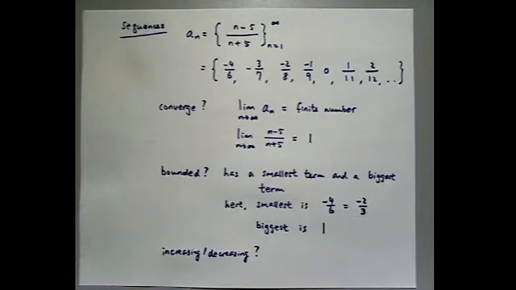What about the increasing and decreasing question? This one is pretty easy to do by inspection. The terms are increasing. But in general, a good way to find that is to take the derivative.